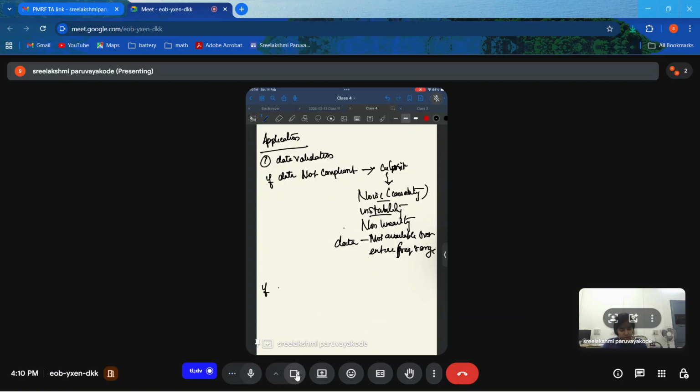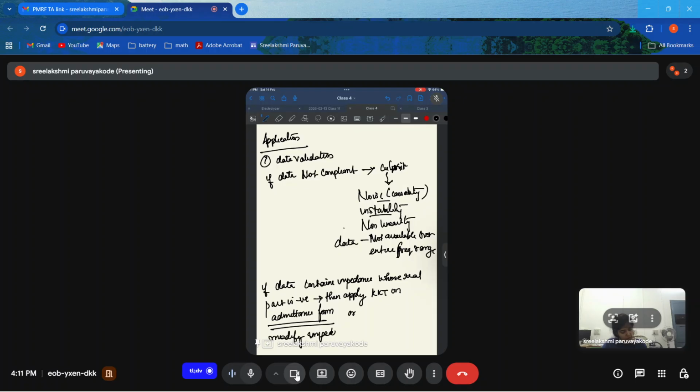If data contains impedance whose real part is negative, then apply KKT on admittance form, which we had already seen, or modify the impedance.